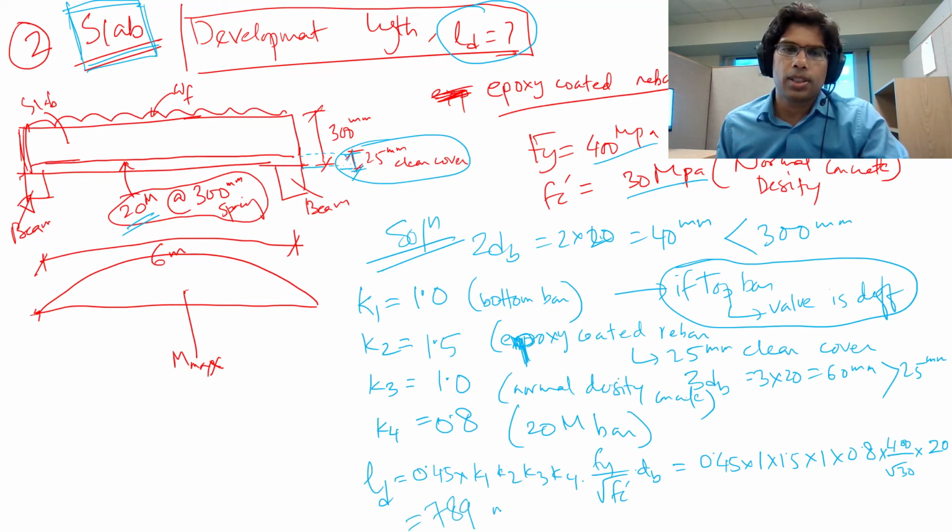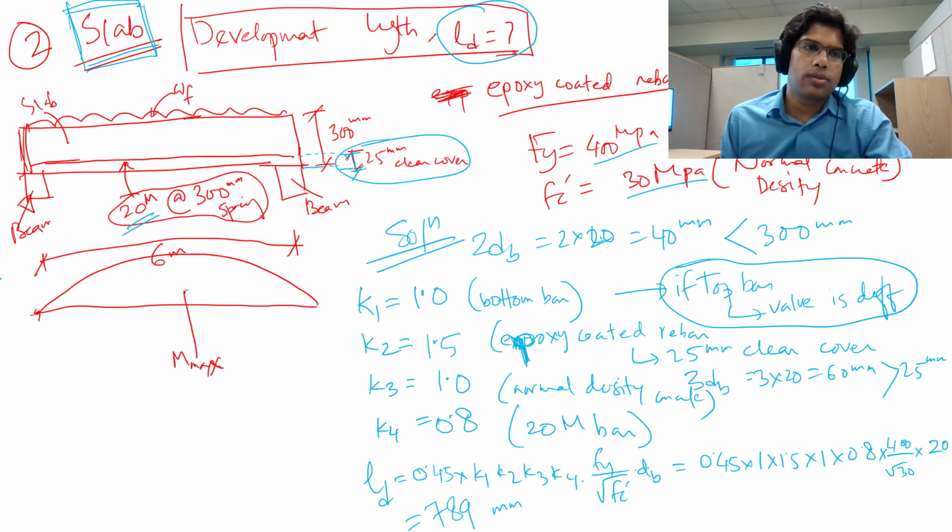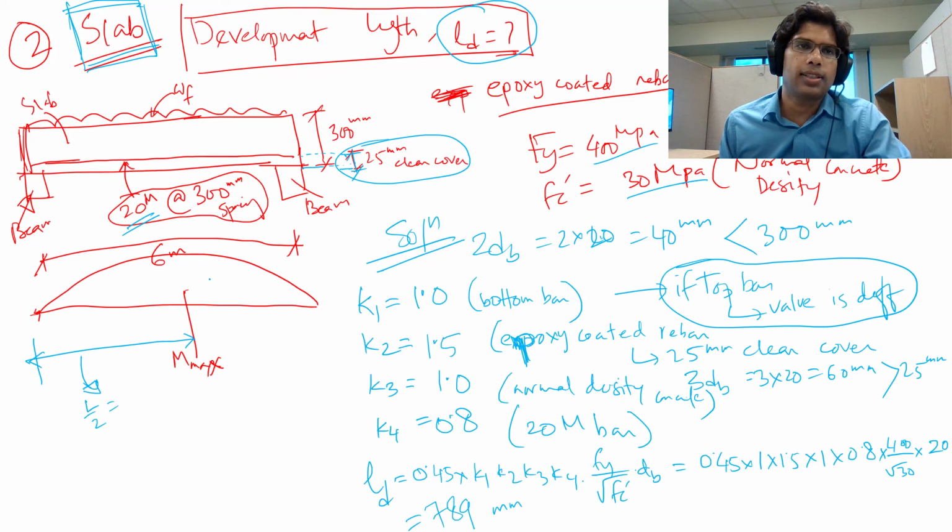789 millimeters. So what is the distance for the maximum moment? This distance to the maximum moment value is half of the span. So this distance is L by 2, where L is 6 meter.